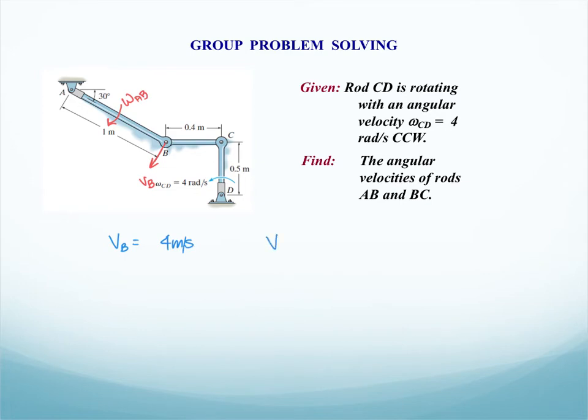Now I want to write it in terms of the angular velocity of this piece right here, AB, times the radius of B with respect to A, and A is just 0, so we don't really need to worry about it, as that is a relative velocity. So this is just equal to omega AB times 1 is equal to 4 meters per second. So omega AB turns out to be 4 radians per second. And so those are two examples of using the instantaneous centers.